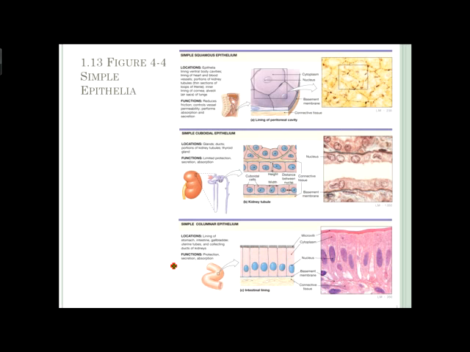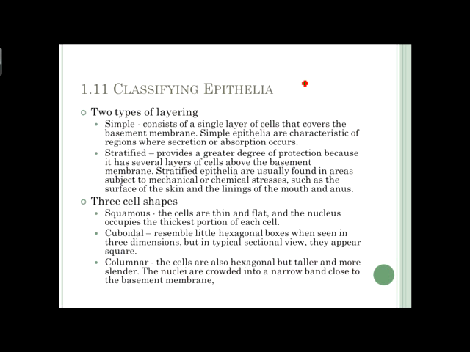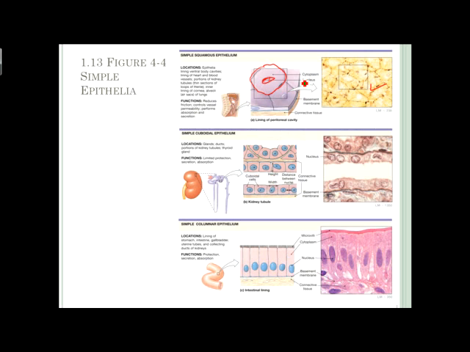So here are examples of simple epithelia, and this is figure 4.4 in your book. Simple squamous epithelia, lining of the peritoneal cavity. These are going to look very much like an egg here. And this is a real picture of them on this side.